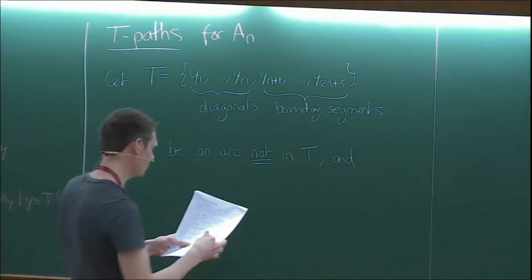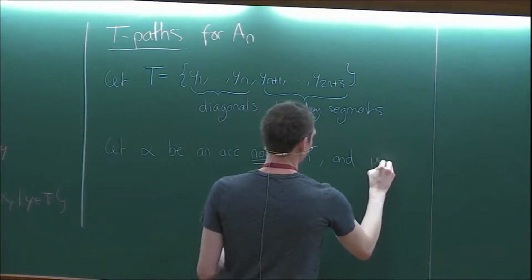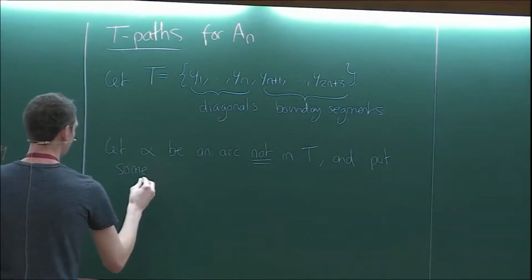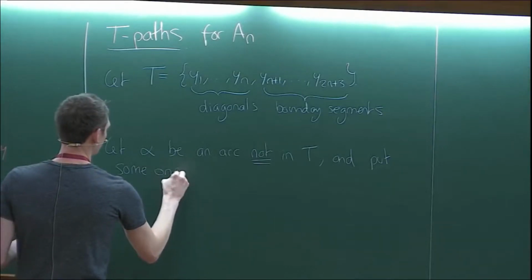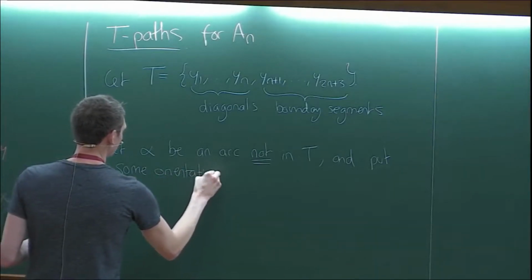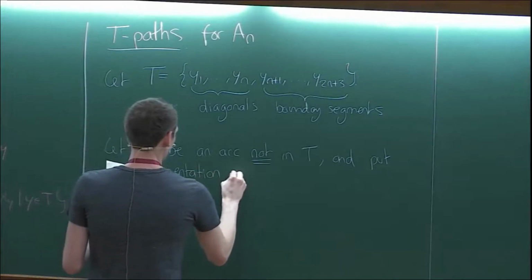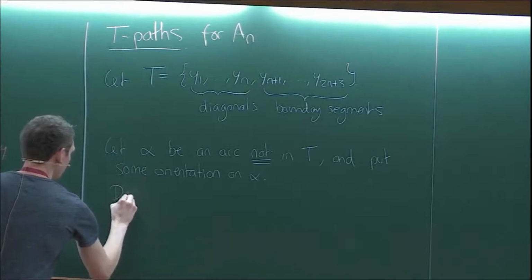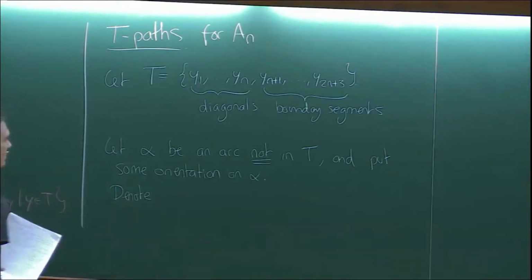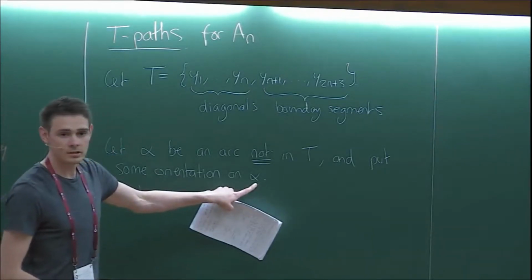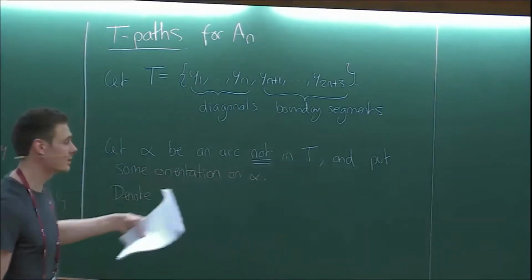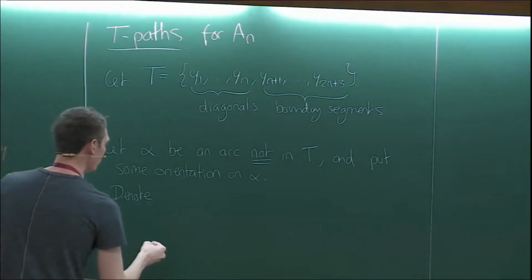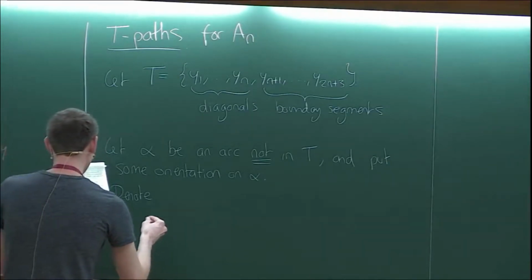We pick one of them. Okay. And the thing that we're concerned with is going to be the intersection points of alpha with this triangulation T. So we can denote these intersection points by P1 up to PD, if there are D intersections.